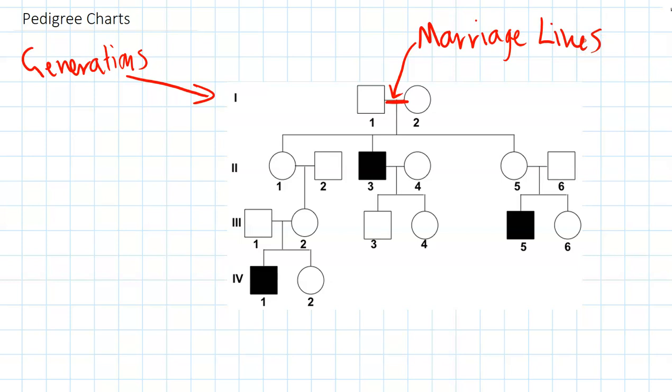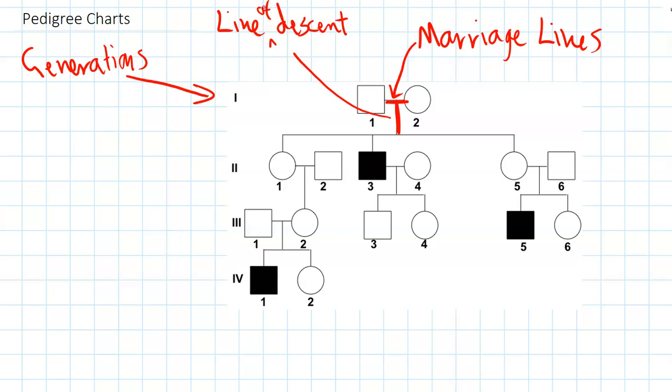Then underneath that, we've got the line going down, and that tells us that everyone below that are the children of those two people. And that line is called the line of descent.